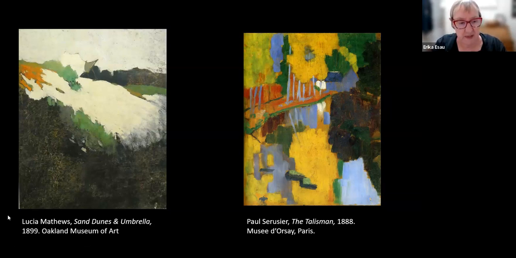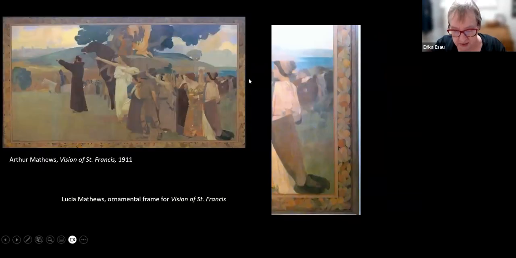At the same time, she begins her decorative work, as well as printmaking. And Arthur continued to create these gigantic murals for San Francisco buildings and was directly involved in the mural paintings at the 1915 Panama Pacific Exposition that we talked about last week.